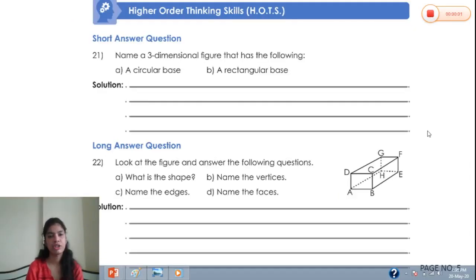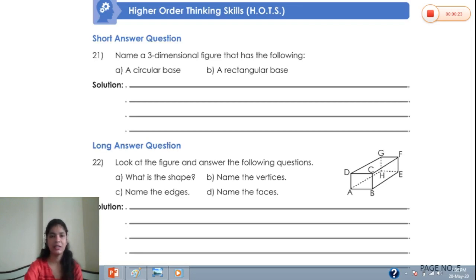Short answer question, that is question number 21. Name a 3-dimensional figure that has the following. A, a circular base. B, a rectangular base. Students, you have to think of the 3-dimensional figure having the circular base.